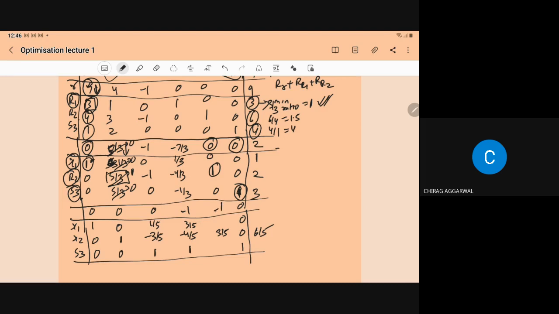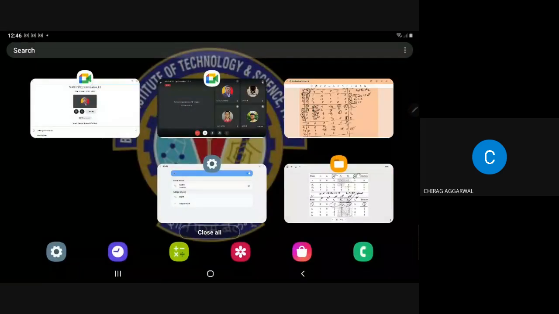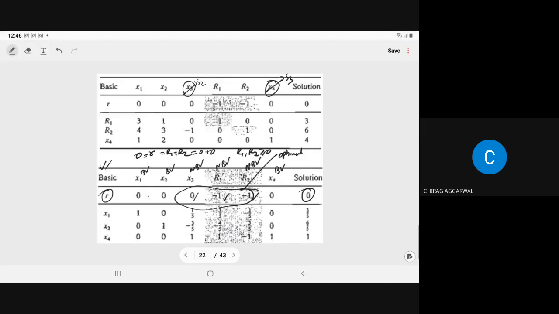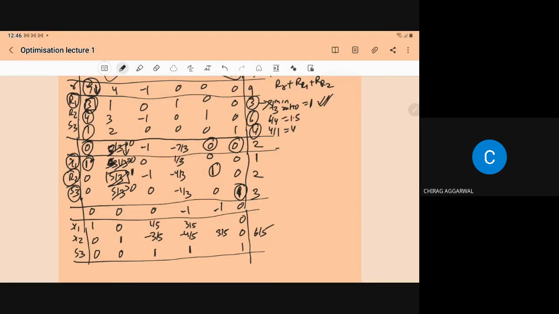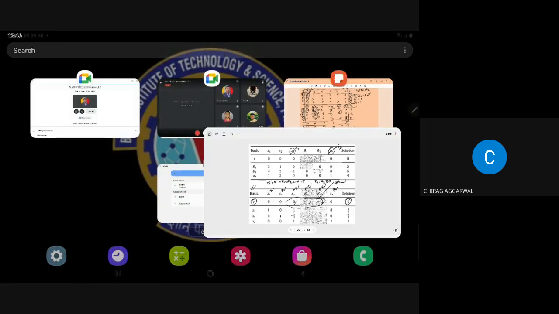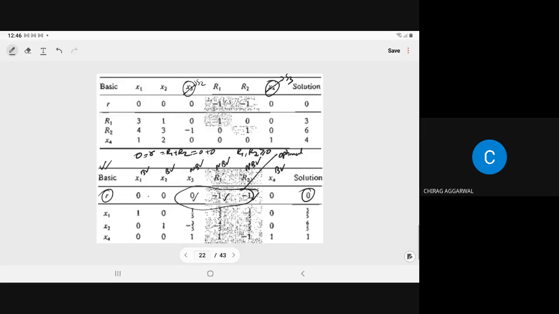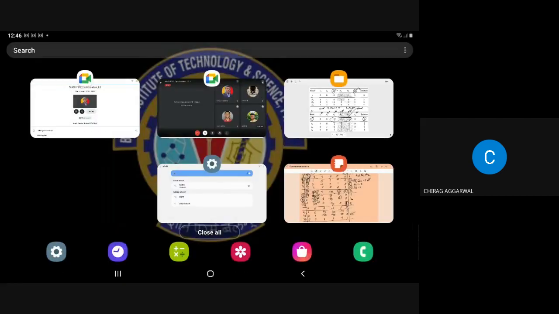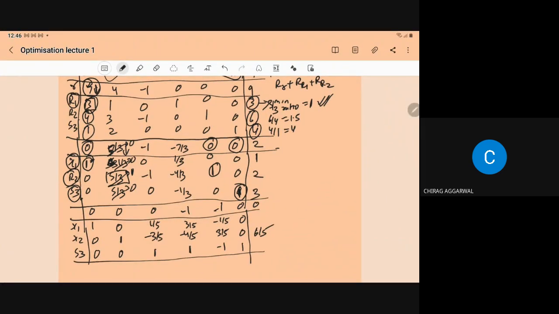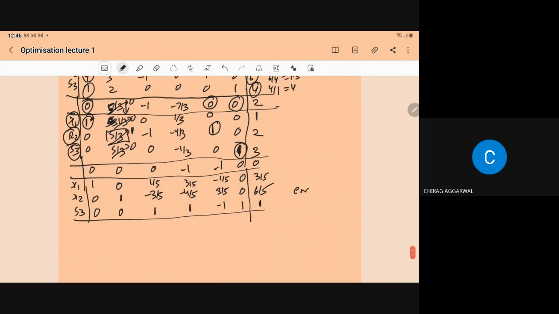And here we have minus 1, minus 1 by 5, minus 1 by 5, minus 1. And the right hand side is 0, 3 by 5, and 1. So this is the end of phase 1.